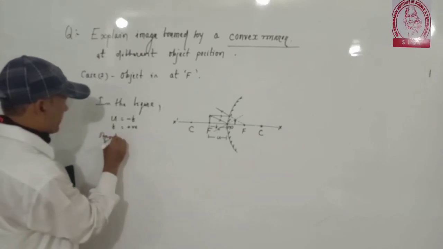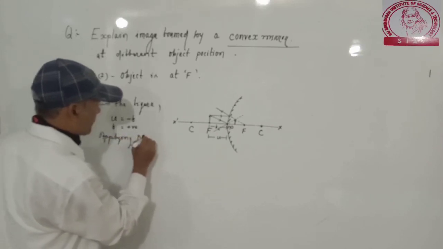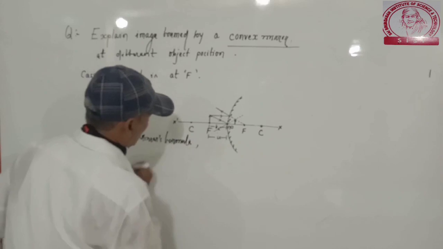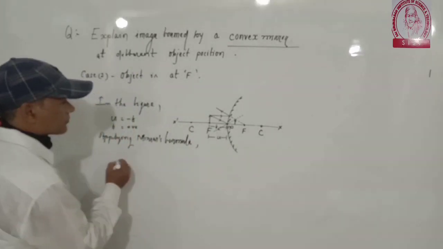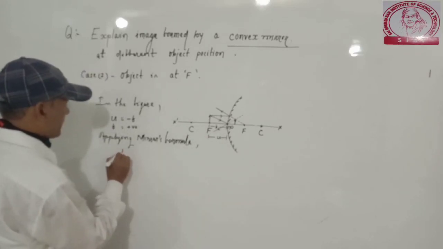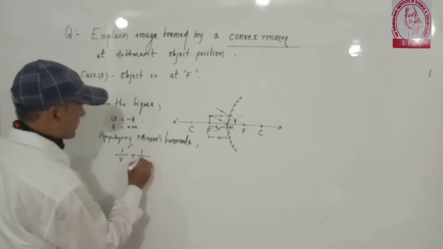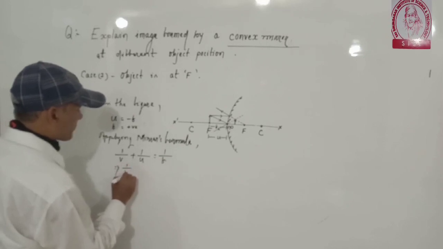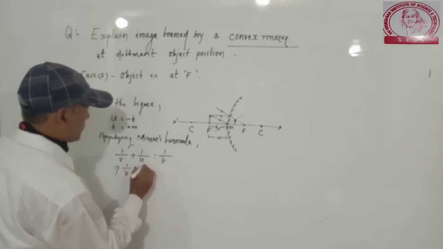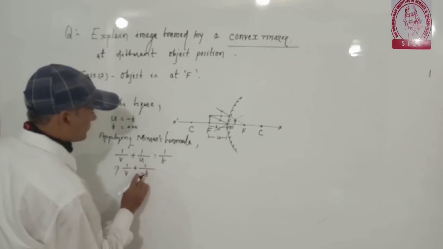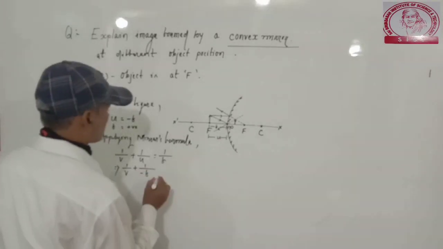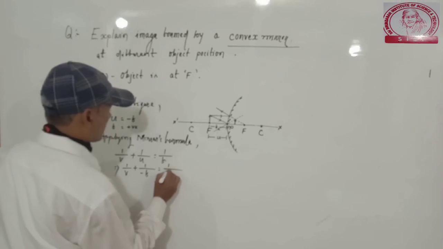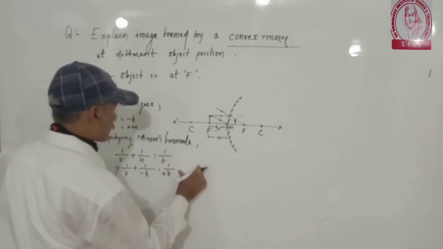Applying mirror's formula, we have to write 1 by V plus 1 by U is equal to 1 by F, implies 1 by V plus 1 by minus F is equal to 1 by F. This is plus and this is minus.